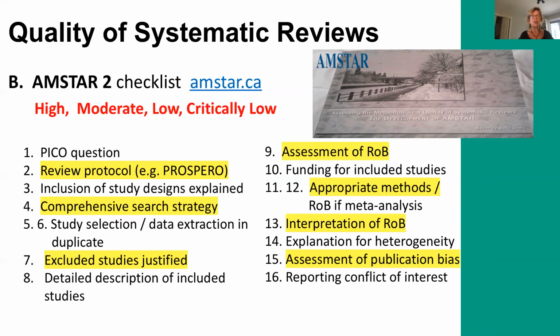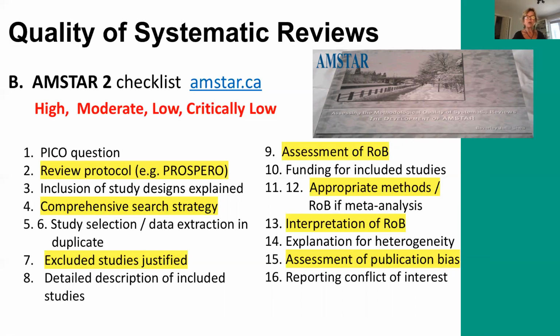So things like, was there a review protocol that was developed to describe the review before they started the review? How comprehensive was the search strategy? Did they justify excluding individual studies? Did they assess the risk of bias for individual studies that are included in the review?